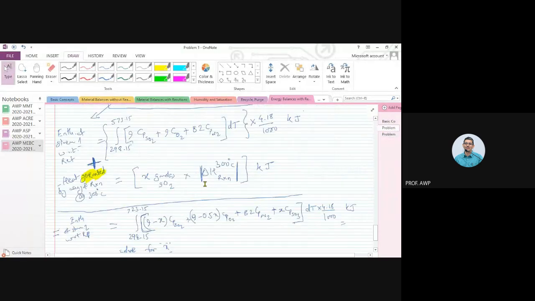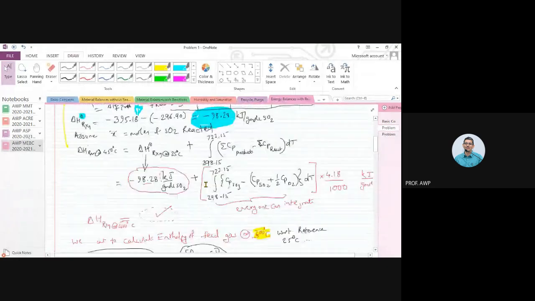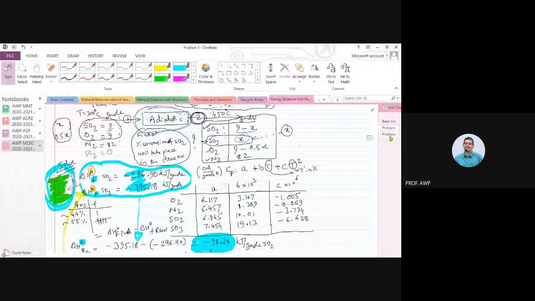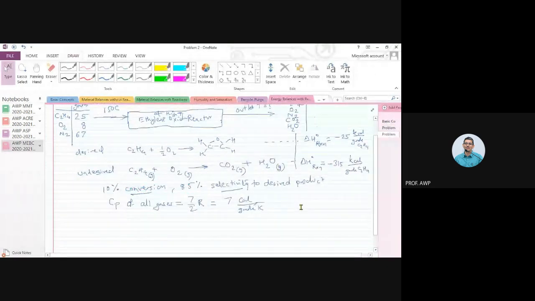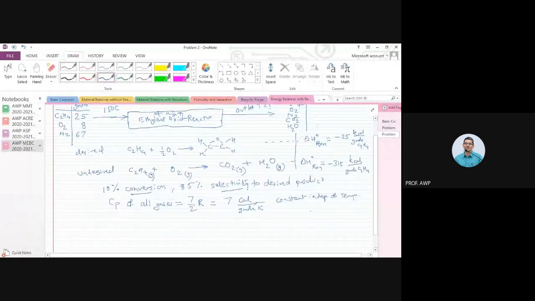Rather than giving you A, B, C values and the integration that we had done for this problem, I'm saying Cp of all gases is 7/2 R, like an ideal gas, and this is constant, independent of temperature. Have I not done you a favor?